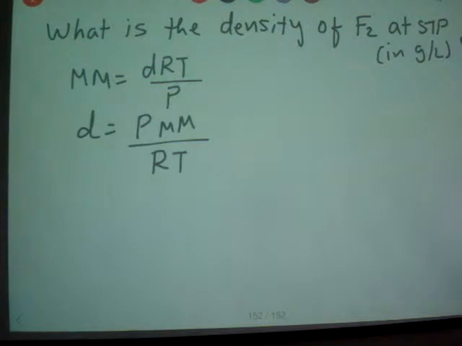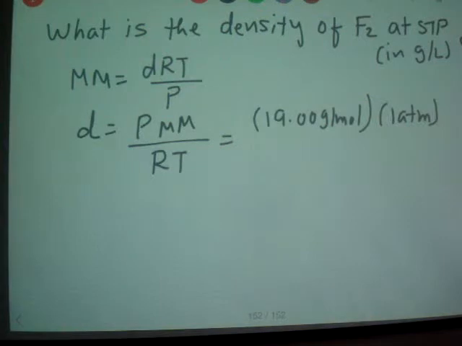Alright, now we need to plug in the molar mass of fluorine, which is 19.00 grams per mole. Pressure is 1 atmosphere, because STP standard pressure is 1 atmosphere.